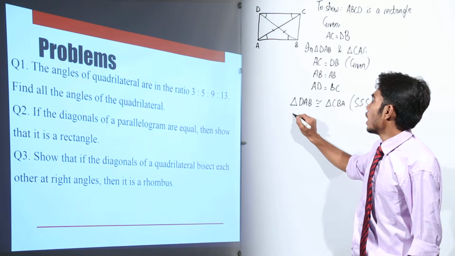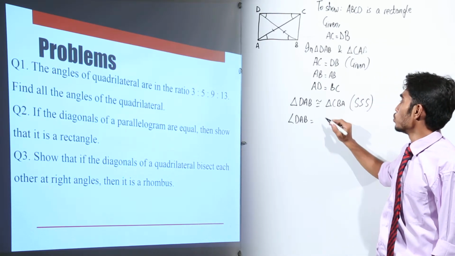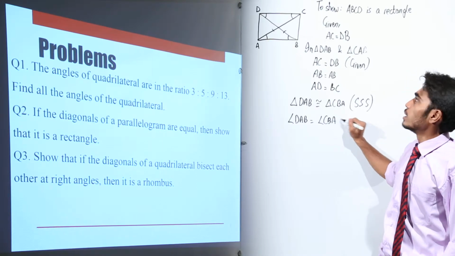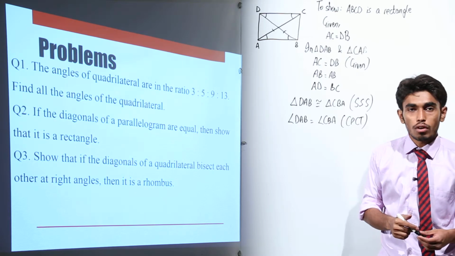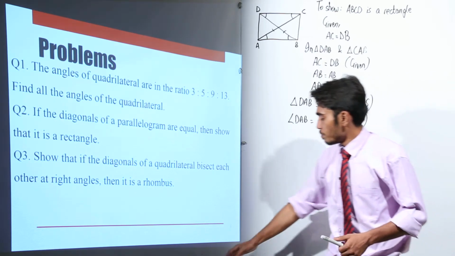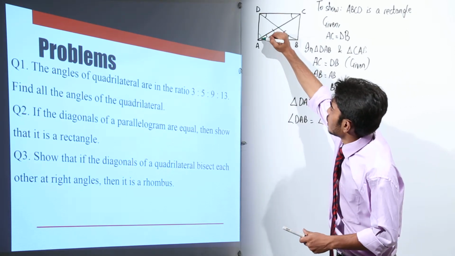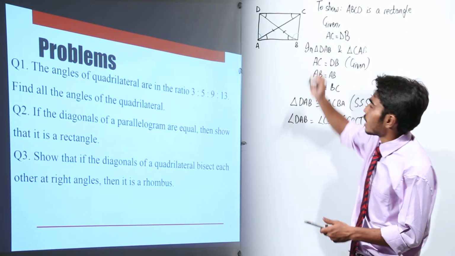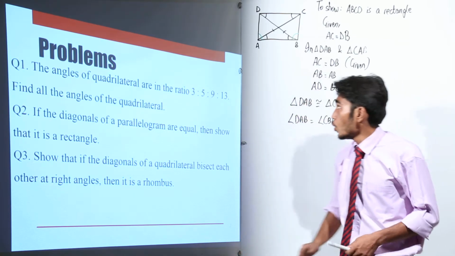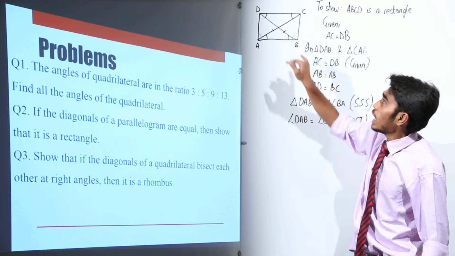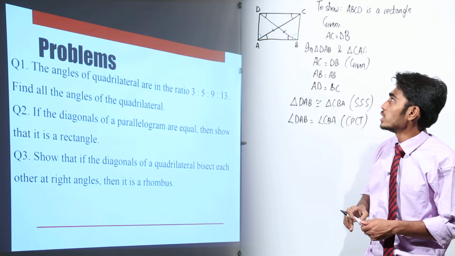So I can write angle DAB is equal to angle CBA. This comes from CPCT, that is corresponding parts of congruent triangles. These two angles are equal to each other. Now I know that AD and BC are parallel because ABCD is a parallelogram.